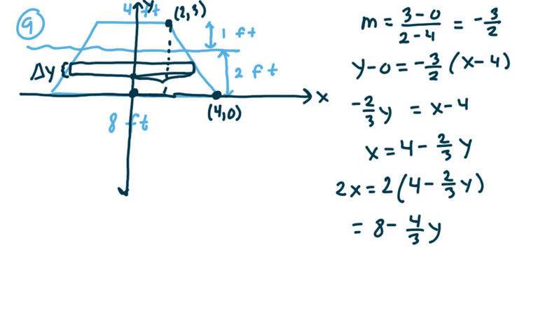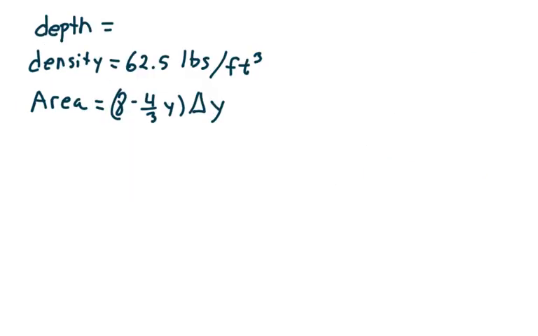The distance from here to the bottom, we're going to call y. So the distance from this rectangle to the surface of the water is going to be 2 minus y. So from here, the force, and this is feet, this is square feet.